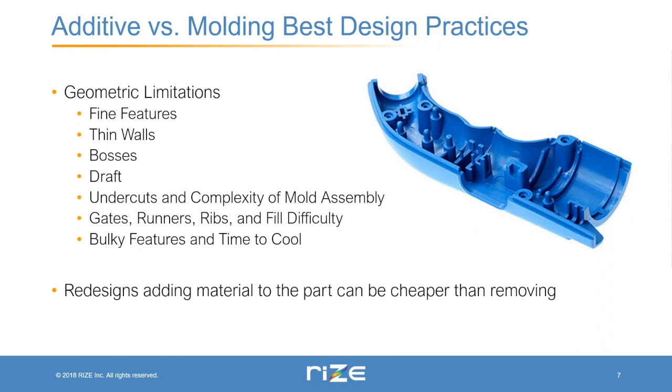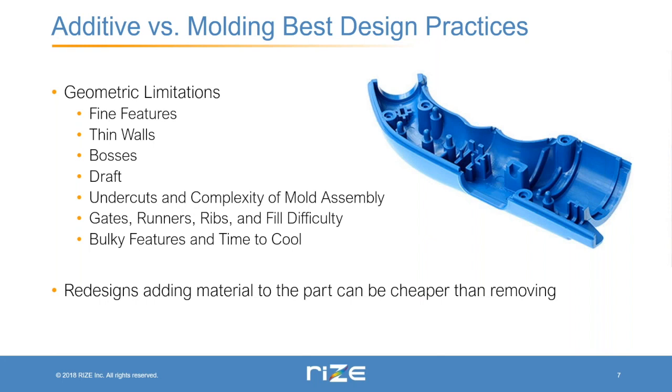And finally, one of the things that's sort of opposite compared to the comparison with subtractive manufacturing is that molding part design usually avoids bulky features. It's better not to have any regions that have a lot of material, because this can take a lot longer to cool and have the part ready, and it can also cause some deformation as the part is cooling.